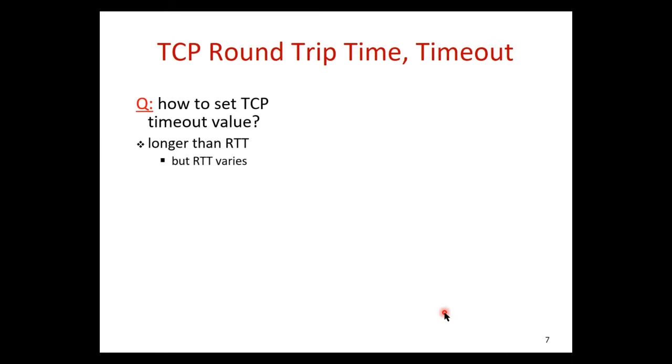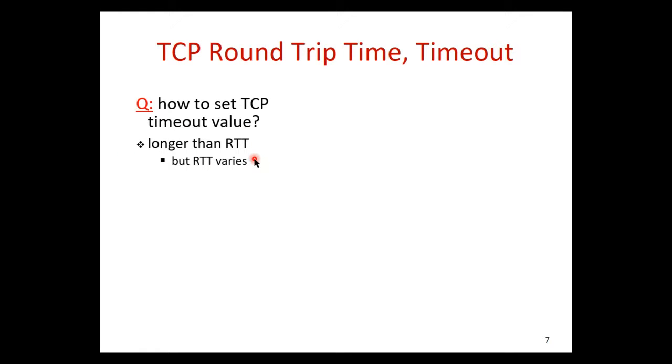It's not an easy question because, ideally, if we know the round trip time, there's no point setting the timer less than the round trip time. Otherwise, we're going to time out prematurely. So the timer should be at least as long as the round trip time.